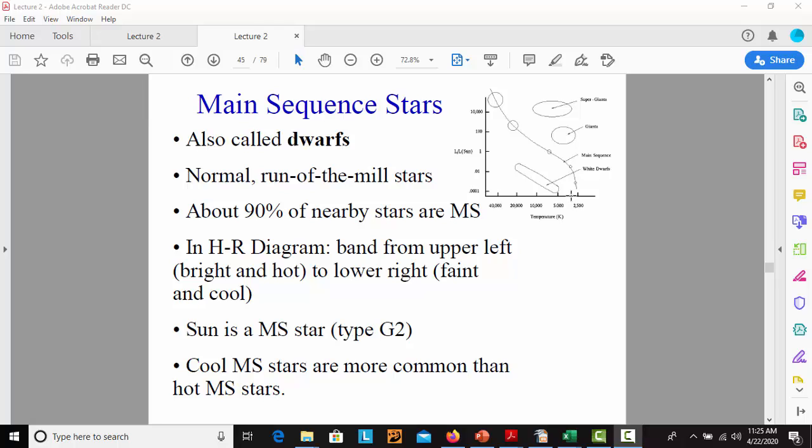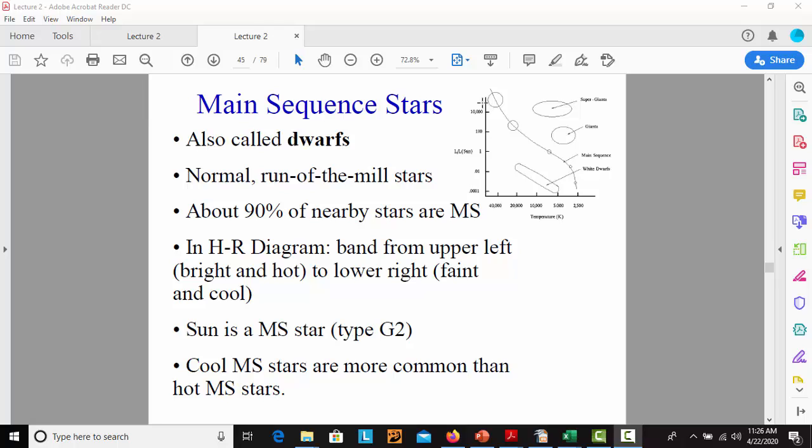On the HR diagram, the upper left-hand corner has the bright hot stars, and in the lower left are the faint and cool stars. And don't forget, temperature decreases as the x-axis increases, right? And this is the luminosity as compared to the sun.